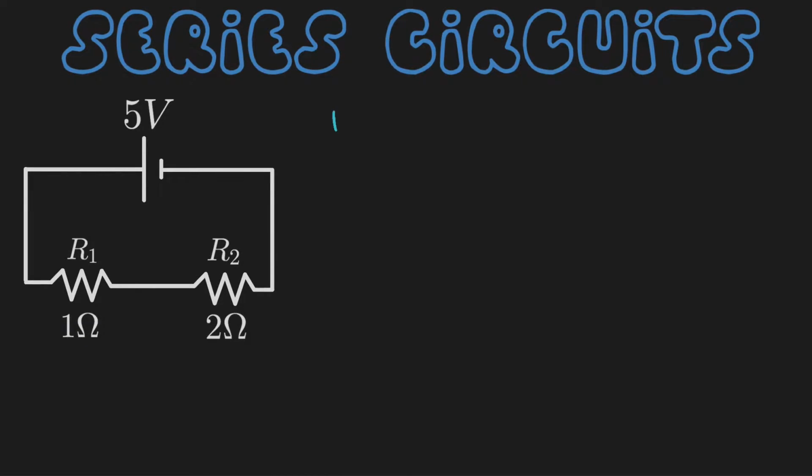So, the total resistance is equal to R1 plus R2. And we know that R1 is equal to 1 ohm, and R2 is equal to 2 ohms. So in total, the equivalent resistance is 3 ohms.